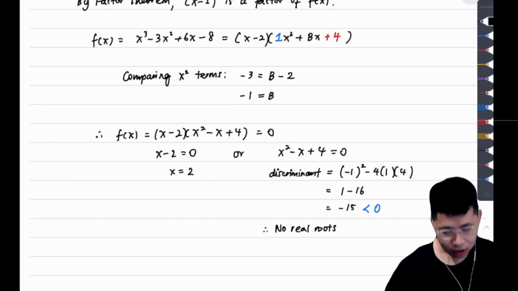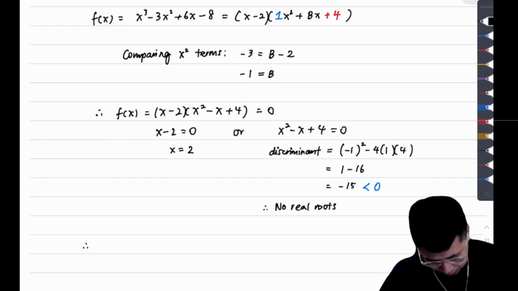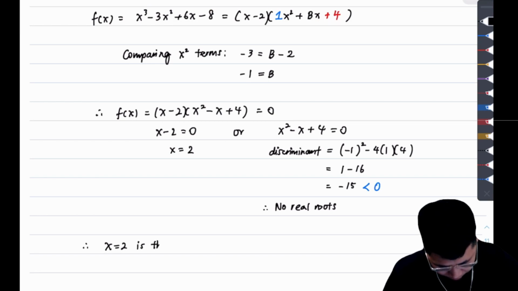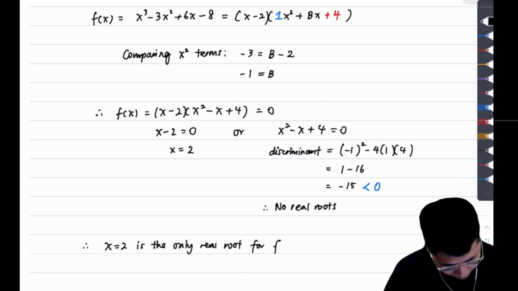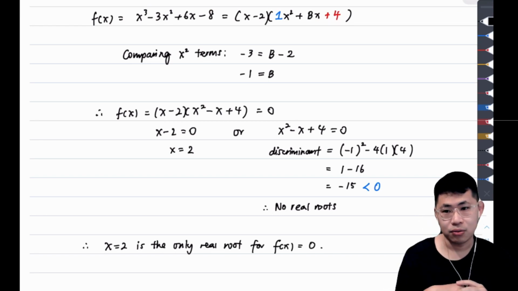Because of this, the conclusion is x equals 2 is the only real root for f(x), or the whole expression equals 0.